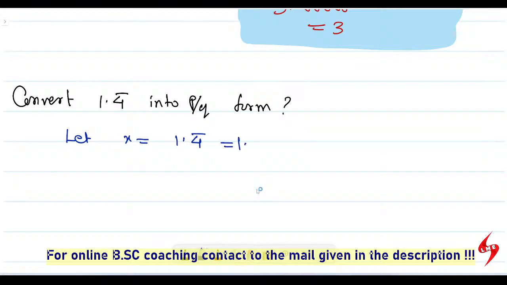That means 1.44444 and so on. If I multiply by 10, the decimal will jump one digit to the right side. So the number will be 14.44444 and so on.